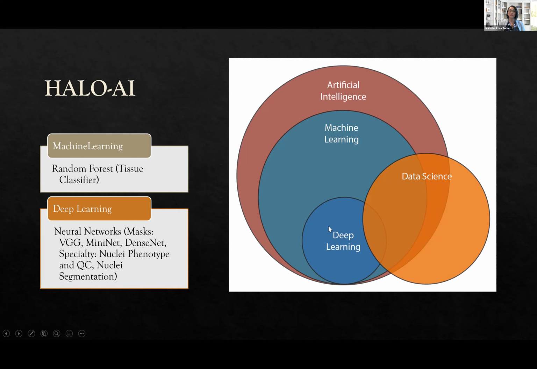The other subfield that I'm going to refer to the most is the deep learning approach, and this deep learning is also called convolutional neural networks, and it's a subset of machine learning.